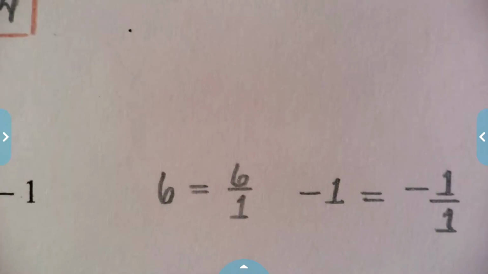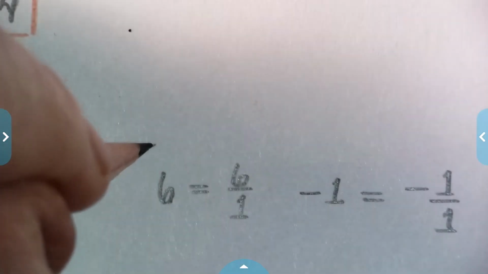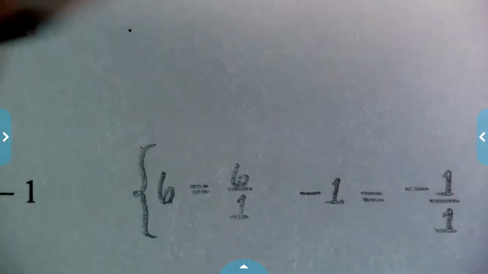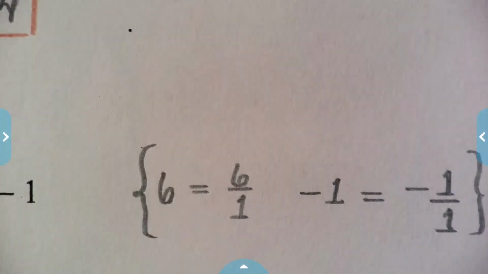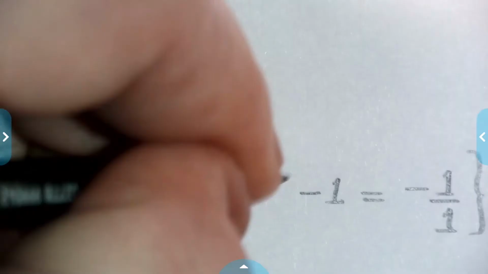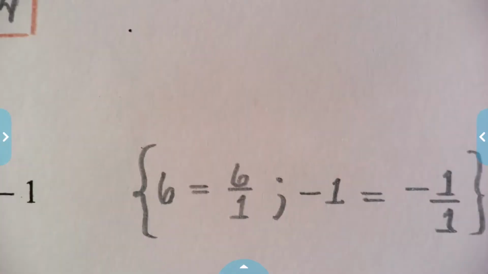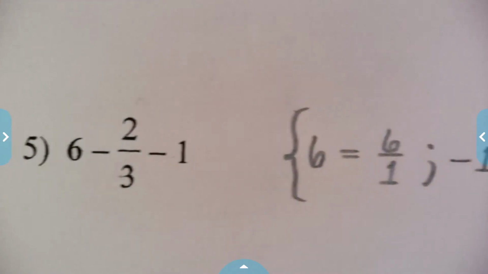All right, that's crucial, okay? So we need to know that. I'm going to put this in some braces here so you can just remember that. That's kind of like a little note. Okay, now let's go back to the problem.